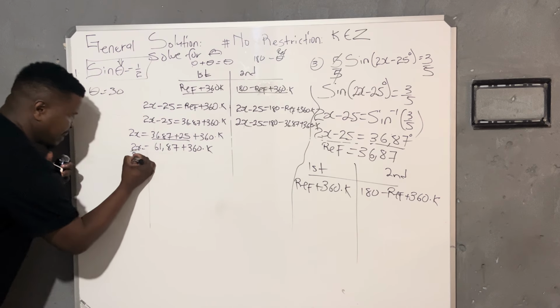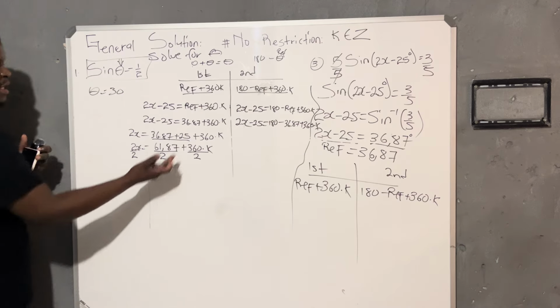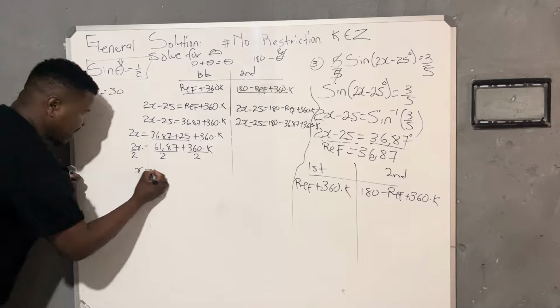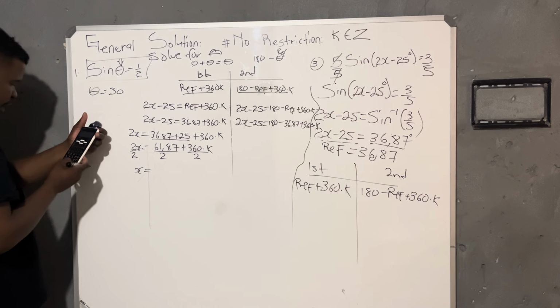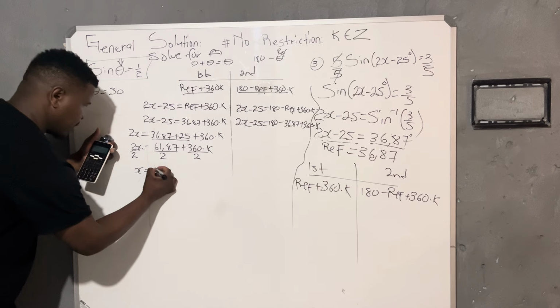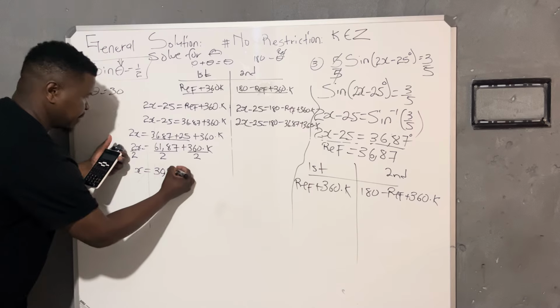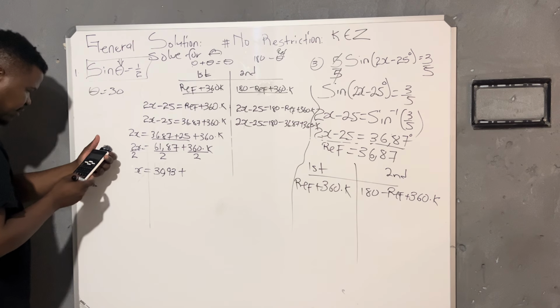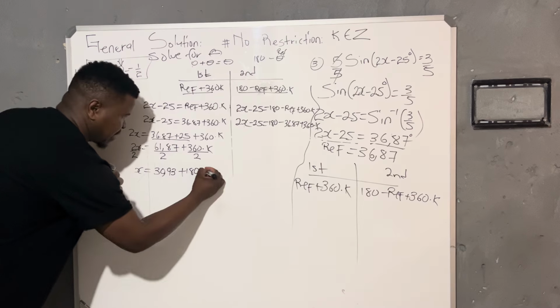Now I have to divide by 2. This is applicable to everything. That means this 360 times k must be divided by 2 as well, everything. So I'm having x equals, what is 61.87 divided by 2? We're getting 30.93 plus, obviously, 360 divided by 2, half of that, which is 180 times k.